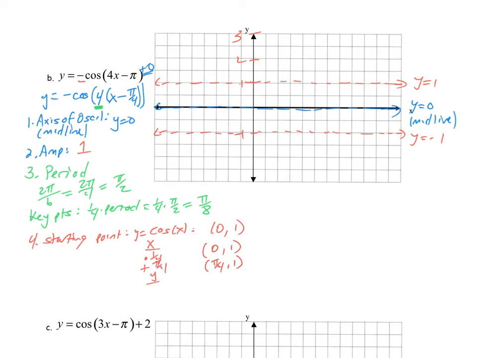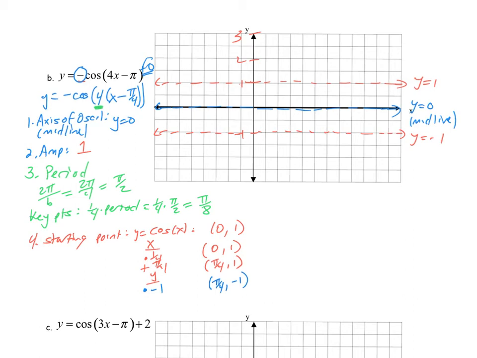Okay, what's happening to y values? Here, we have this negative out in front, which means that y is multiplied by negative 1, and there's no shift vertically. So we're not going to add or subtract anything from y. We'll multiply y by negative 1. So our starting point will be pi over 4, negative 1.